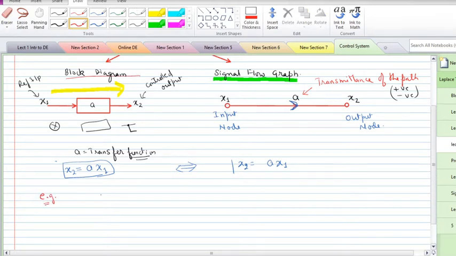Suppose we are using a block diagram here like this.